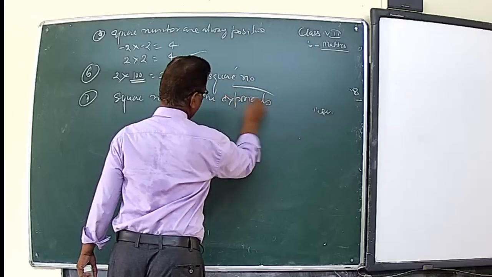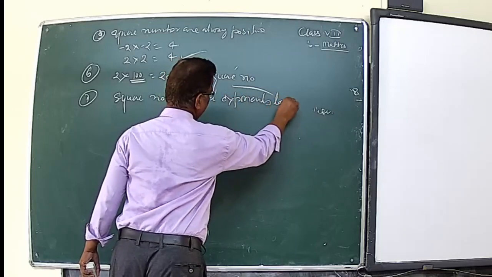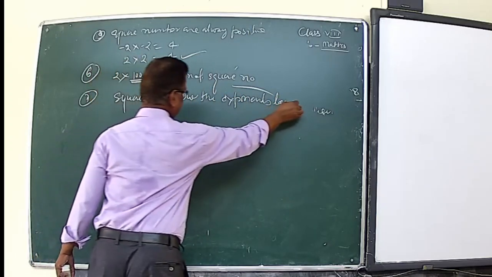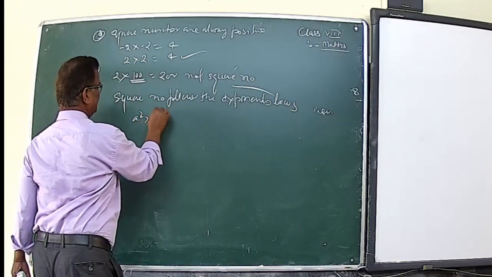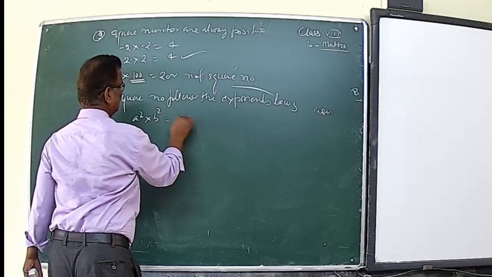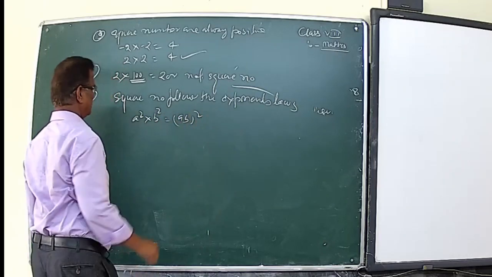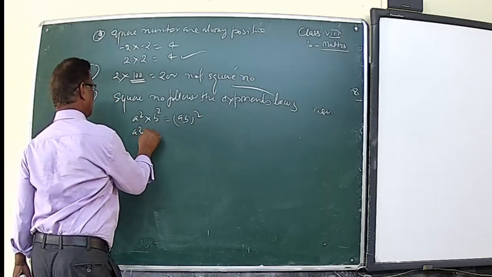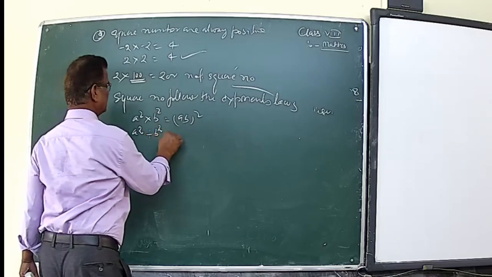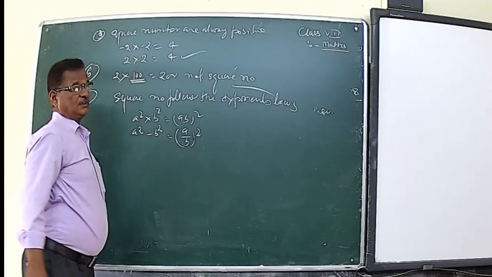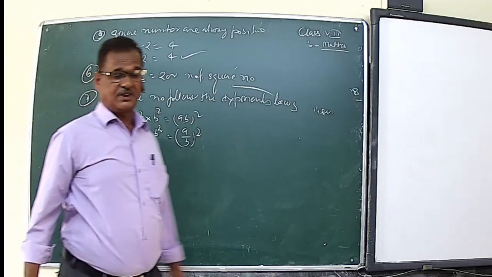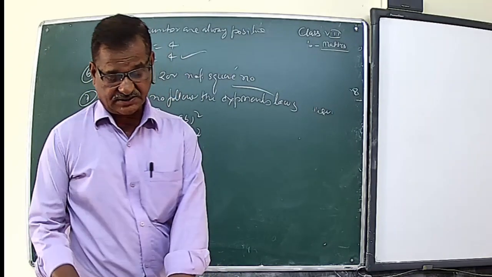Exponent property or law: first, a square into b square is equal to ab to the power 2, or a square divided by b square is equal to a divided by b to the power 2. These are some properties of square numbers.